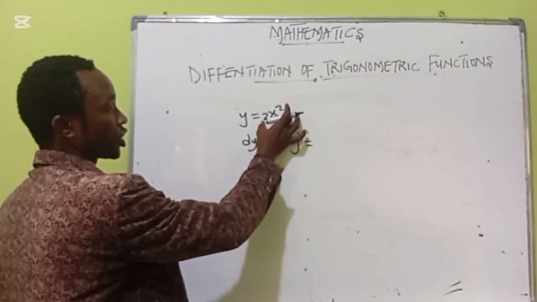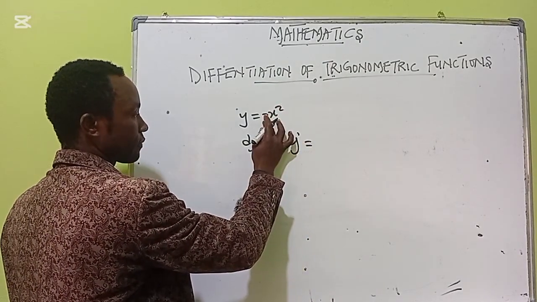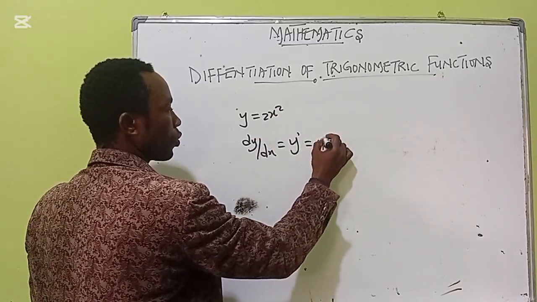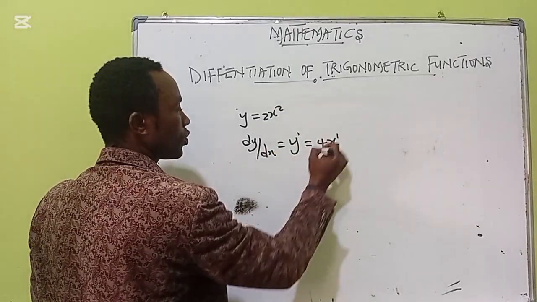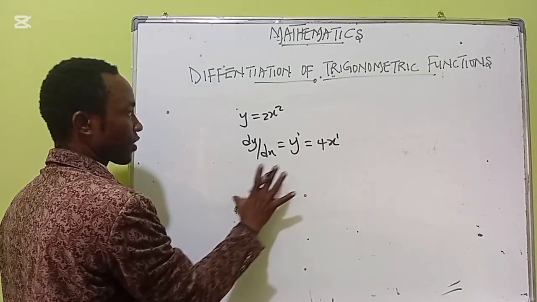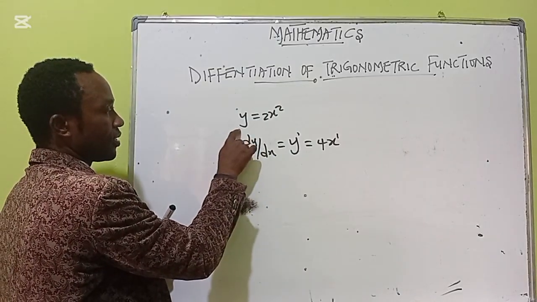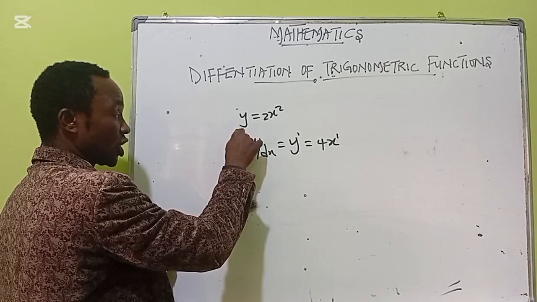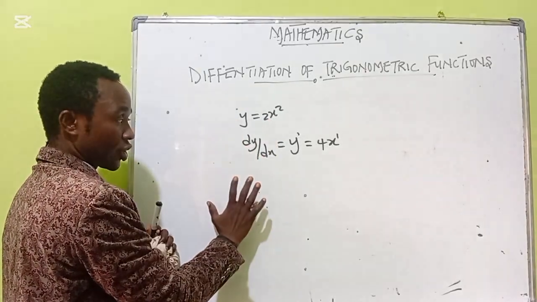When you want to differentiate this, you use the power to multiply the coefficient, which is 2 times 2, which will give you 4. Then you take 1 from the power, so instead of 2, it becomes 2 minus 1, which is 1. That is the differentiation. Now, every differentiation is differentiating y with respect to x. That is our differentiation.